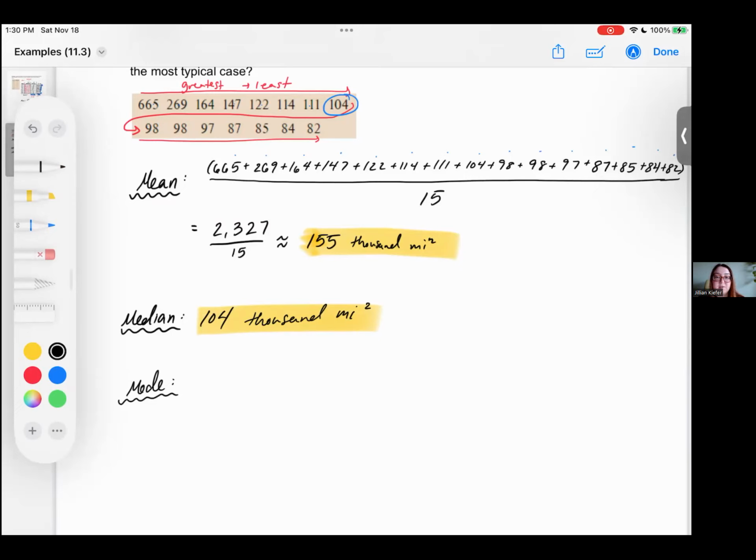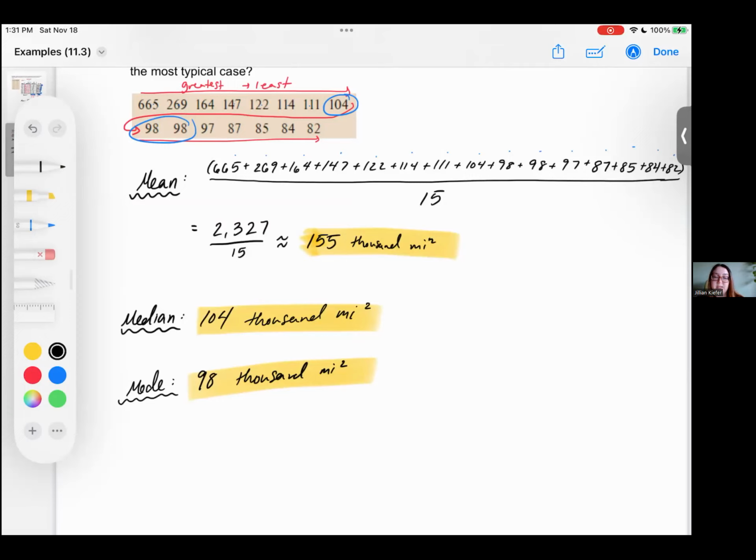And if we look here, there's only one that shows up more than once, and that's 98. So our mode will be 98. This is in 1,000 square miles.